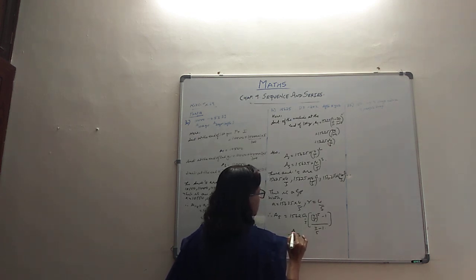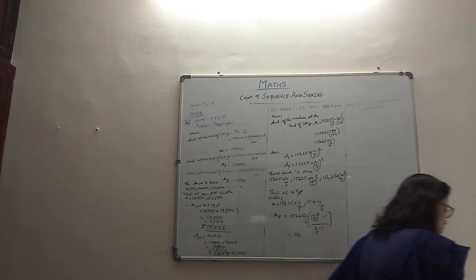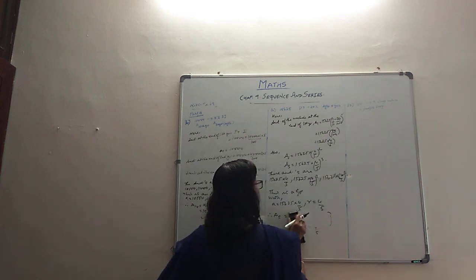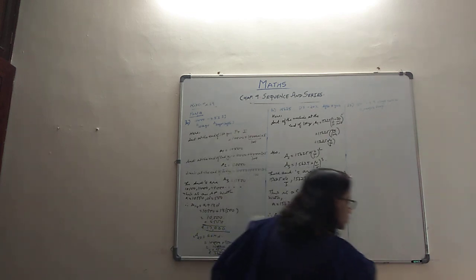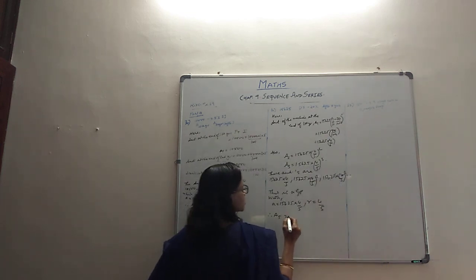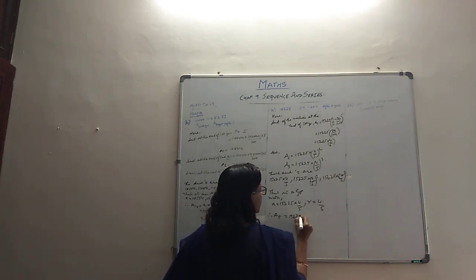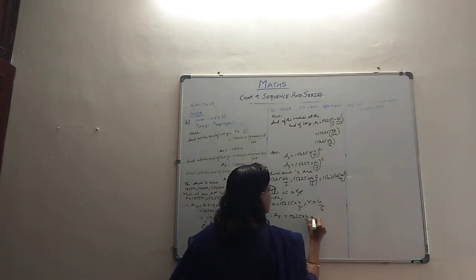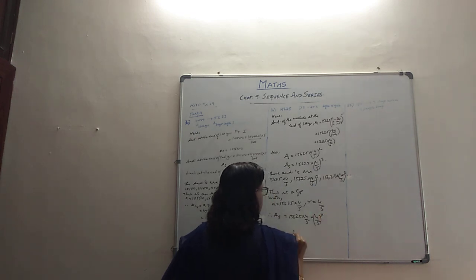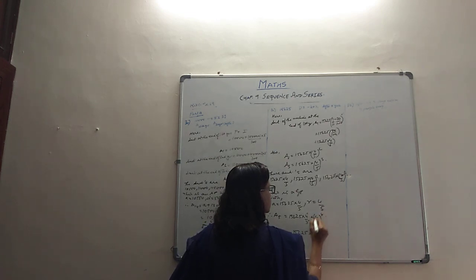They have asked us the amount, isn't it? Why are we doing the sum? Amount is A R raised to N minus 1. So A R raised to N minus 1, 5 minus 1, 4. So 15625 into 4 raised to 1 into 4 raised to 4, 4 raised to 5, 5 raised to 5.